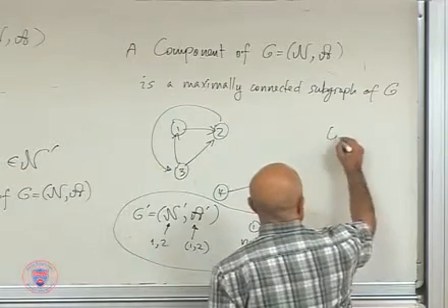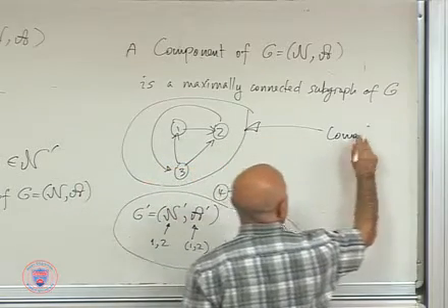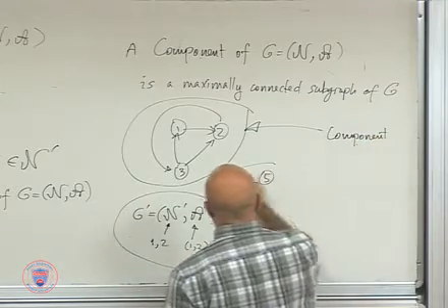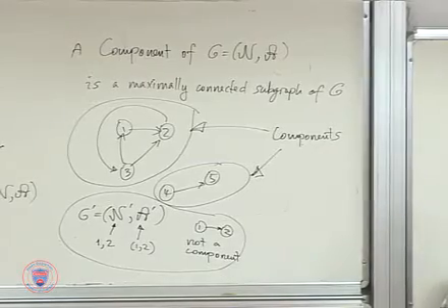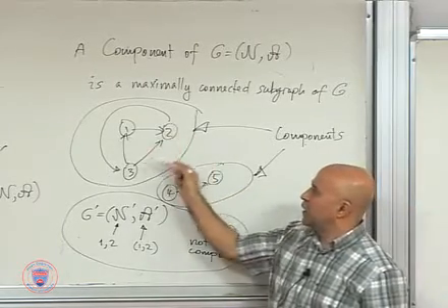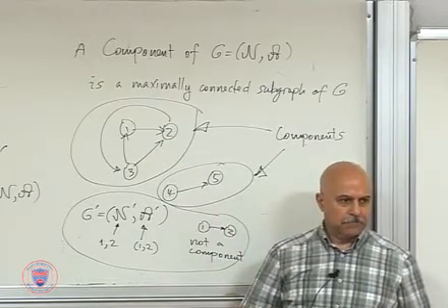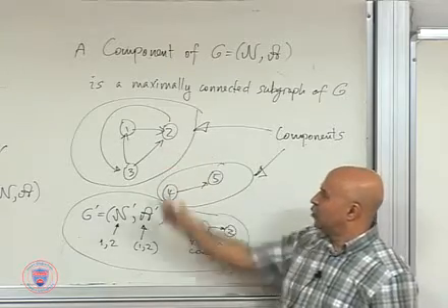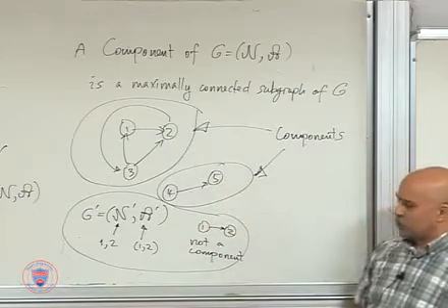So this would be a component. This is another component. These are two components of the graph under consideration, because this one is connected and it's maximal with respect to the property of being connected. Okay? Maximal in the sense that it includes all possible nodes that are connected to each other. This one is also. Okay?